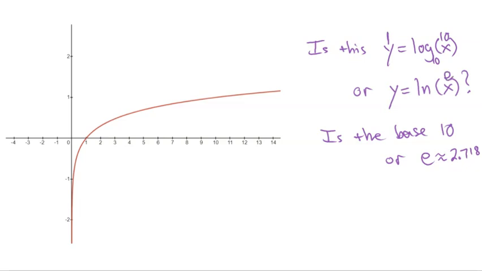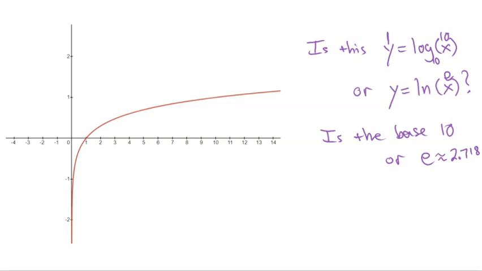But if we plug an e in for x in the natural log, the answer will be 1. So log base e of e is equal to 1. We learned that in a previous video. e to the first power is equal to e. 10 to the first power equals 10.